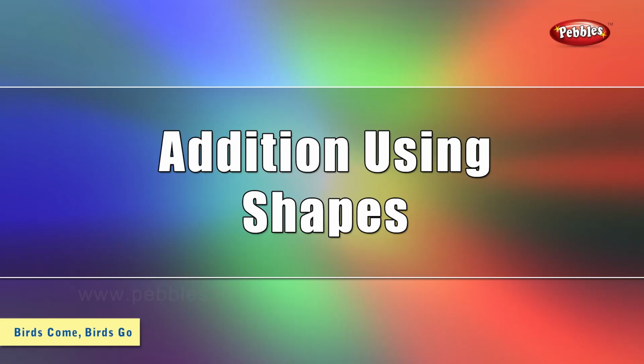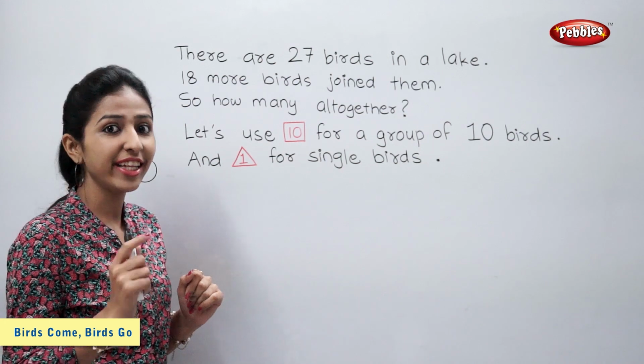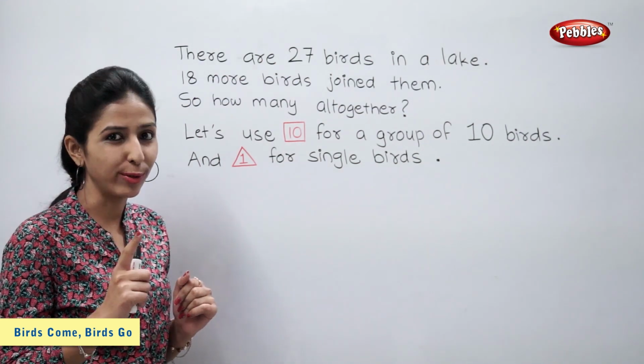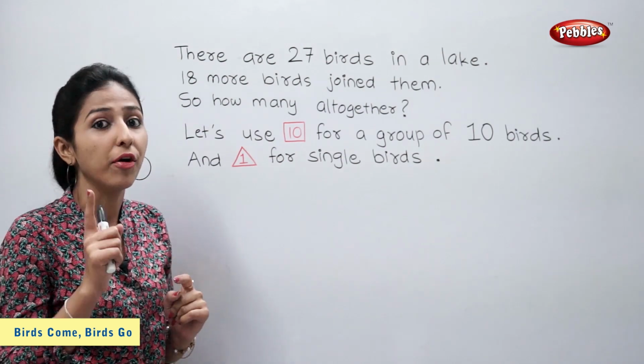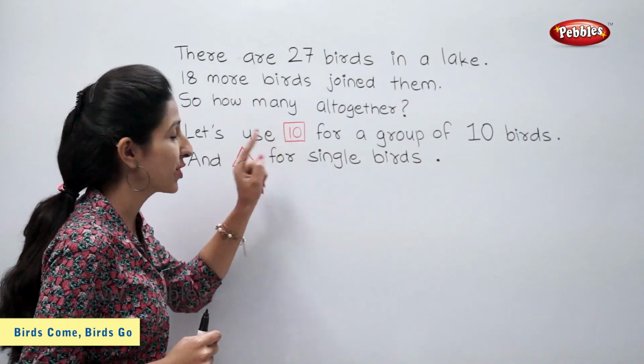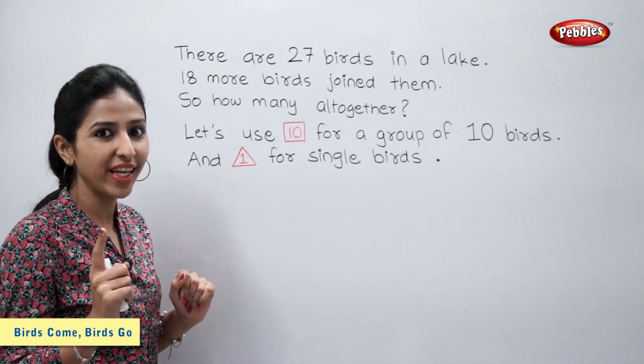Addition using shapes. There are 27 birds in a lake. Let's write 27 using tens and ones. Remember students, we have to use square for tens, triangle for ones.